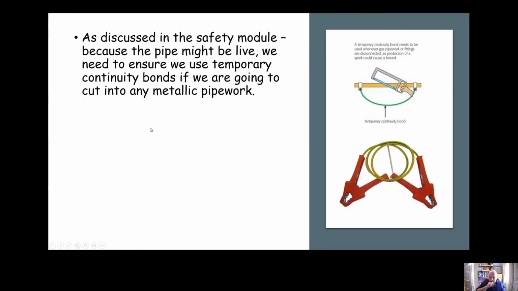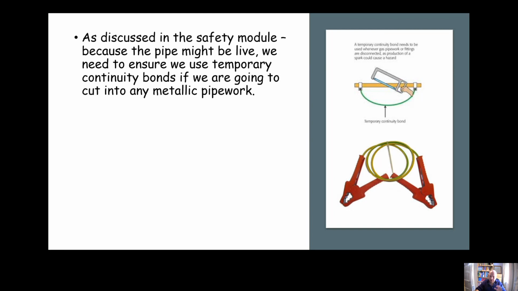Another type of earth bonding that we need to be aware of, that we have touched on already in our safety module, is temporary bonding. Whenever we cut into pipework, we should use temporary continuity bonds. The reason is, if the pipework was live and you then cut that piece of pipework, the electricity will no longer be able to flow to earth.